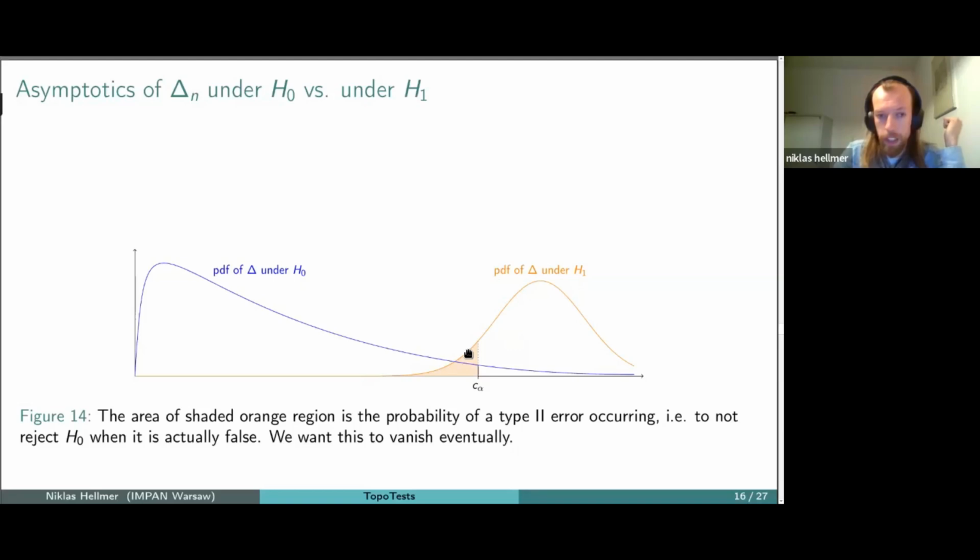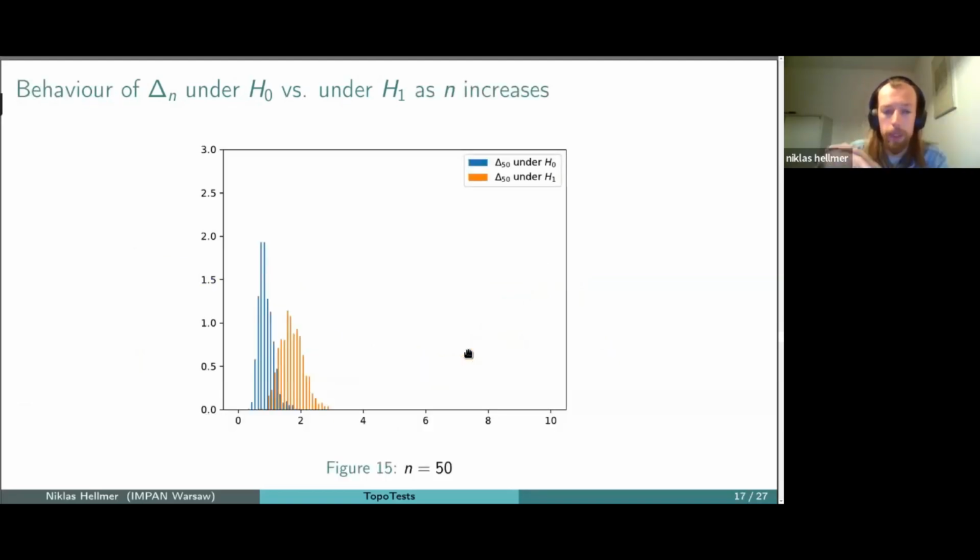Okay, so let's look at an example. If I have just 50 points in my sample, then these histograms overlap quite a bit. And you can perhaps see that there is actually quite a high chance of making such a type 2 error.